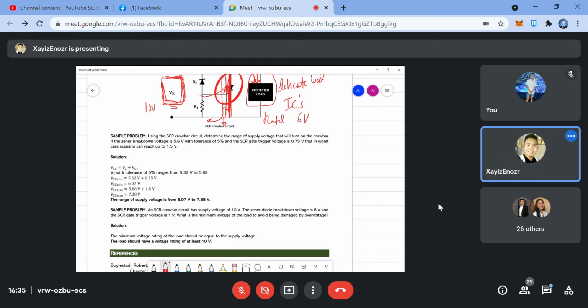Binigyan ka ng ranges ng zener tsaka nung gate trigger voltage ng SCR. Sabi, yung zener natin is may breakdown na 5.6. May tolerance siya na 5%, ibig sabihin, plus minus 5%. So, therefore, 5.6 plus minus 5%, that will be 5.32 to 5.88.